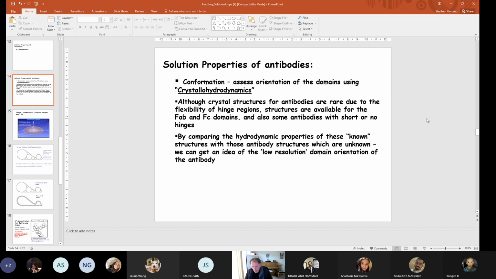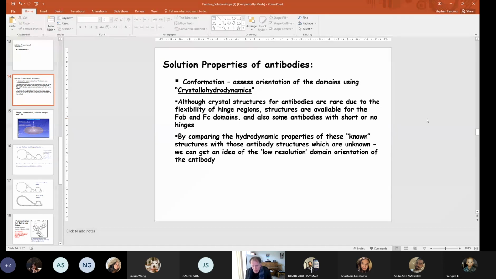They're also very big molecules, 150,000 or so in molecular weight, so they're too large for techniques like nuclear magnetic resonance to obtain 3D structures.